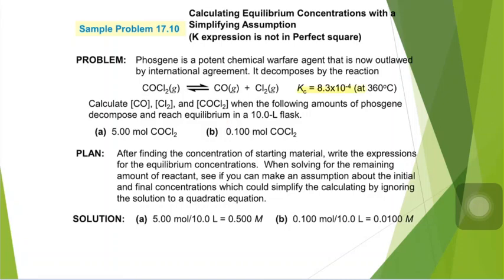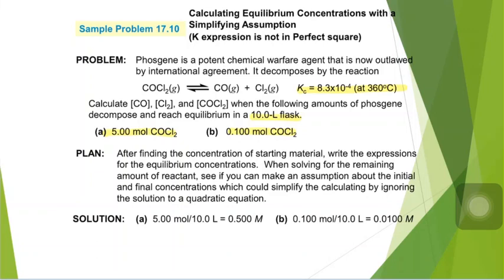So as usual, identify the information that we have. We have Kc, the volume of the container is 10 liters, and the starting amount is either 5 mole or 0.1 mole of COCl2.